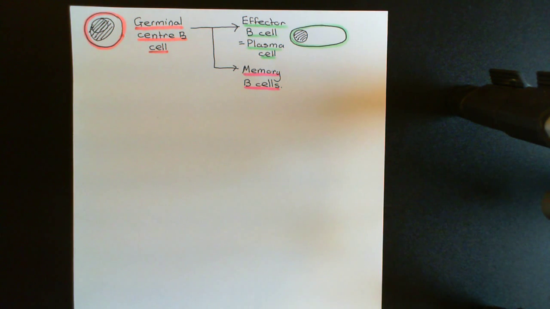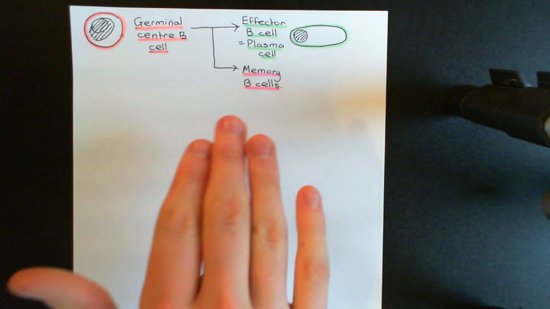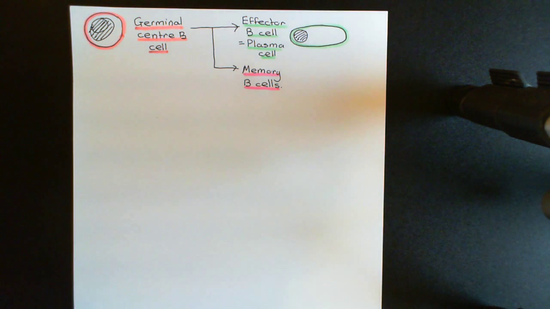The difference is that you will have a much bigger population of these memory B cells than you had originally in the primary adaptive immune response of the mature naive B cells. In the primary adaptive immune response, the first time you'd ever been infected by this pathogen, you had very few of those mature naive B cells where the immunoglobulin molecule was targeted against one of the epitopes of one of the antigens of this pathogen.